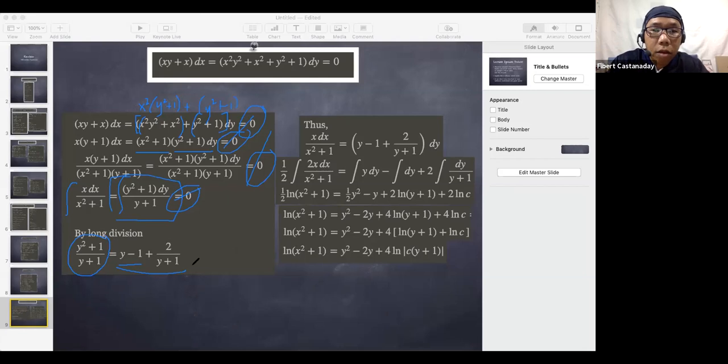Okay, now, so tatlong terms yan. For this side of the equation, you can actually utilize the logarithmic formula. Okay, so we have 1/2 ln of x squared plus 1. Okay, why 1/2?